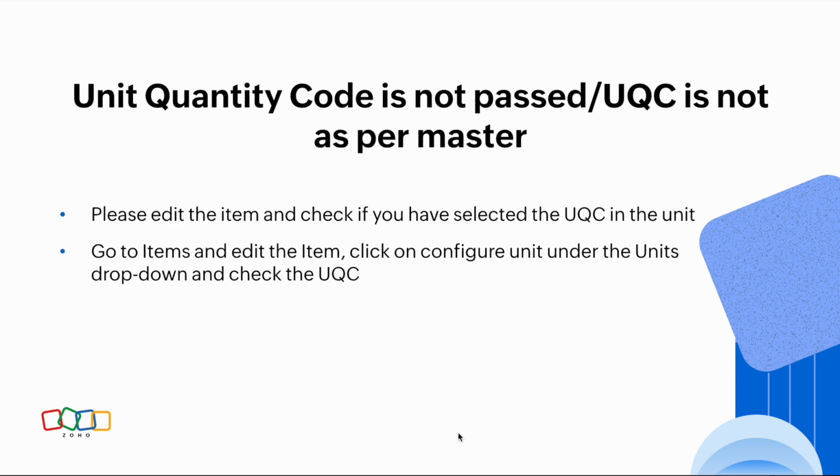Unit quantity code is not passed or UQC is not as per master. This error will be thrown if you have missed mentioning the UQC of the unit for the items which you have chosen in the invoice or credit notes.